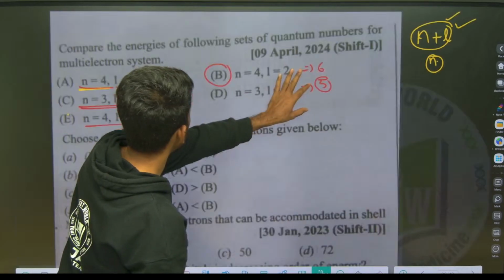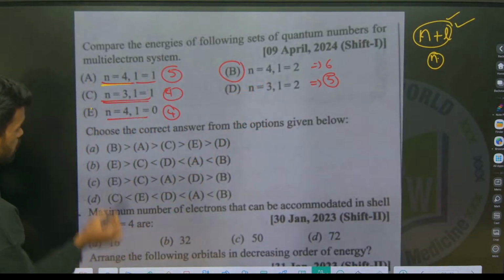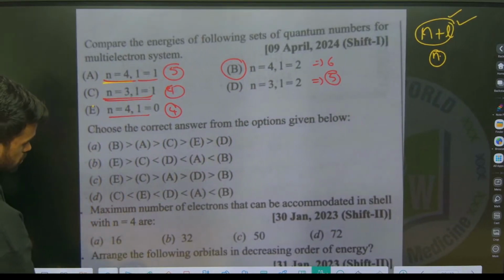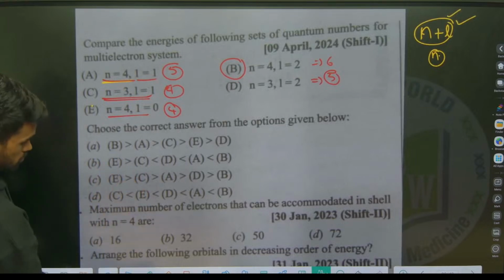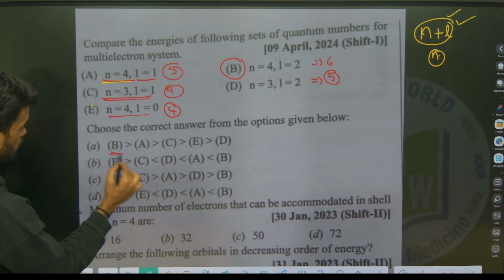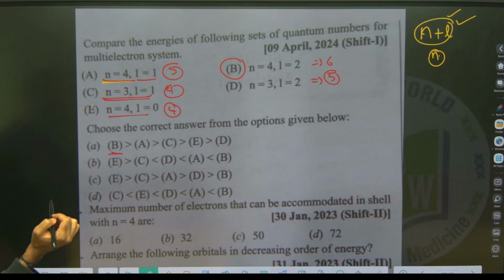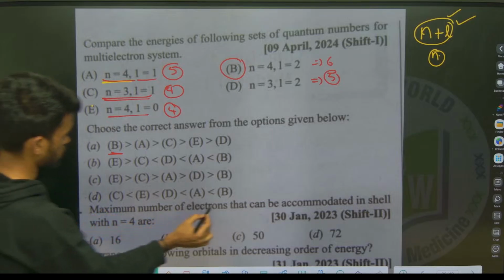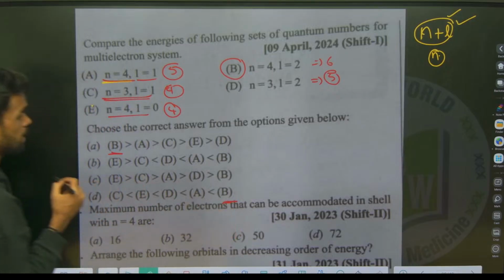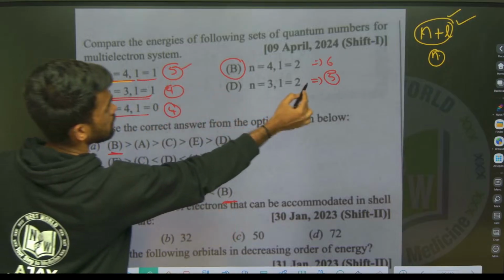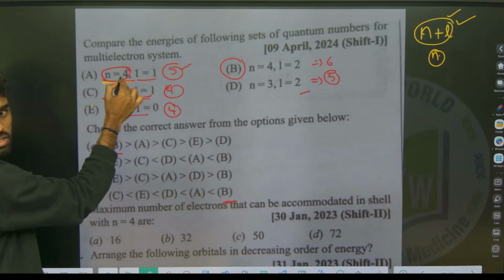B has the highest value. Other than that, the fourth option. After that, here and here, but the n value is greater here, so this comes next.